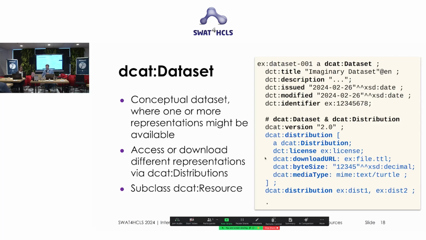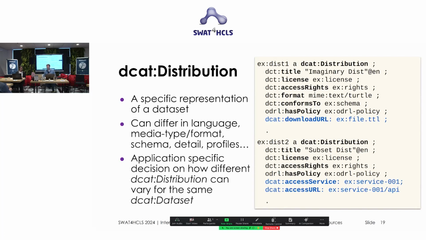And in the example here, I have used a distribution which is a direct download URL, and then an additional link to another type of distribution, which I will expand a little bit on the next slide. So just keep in mind that the data set relies on the distributions to make the actual data available. And that's a good thing.